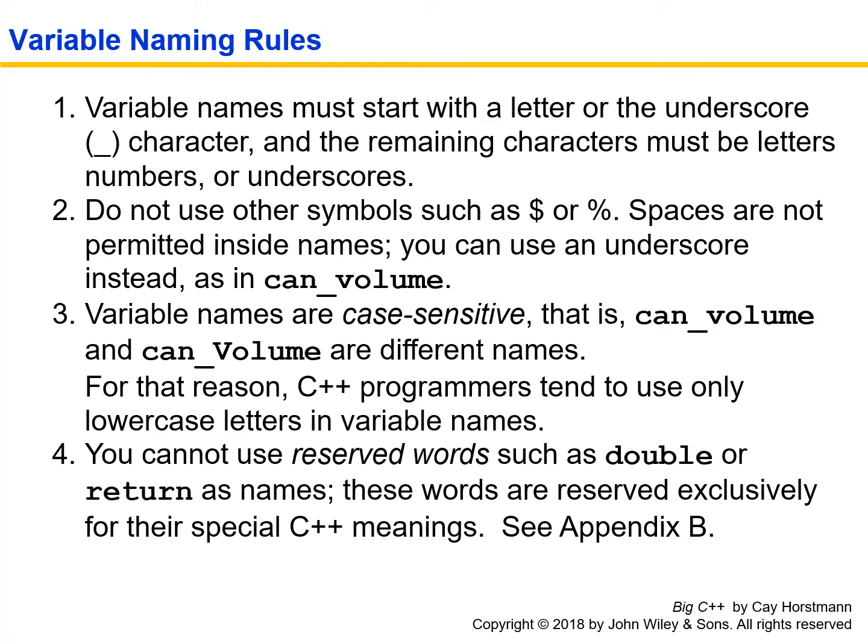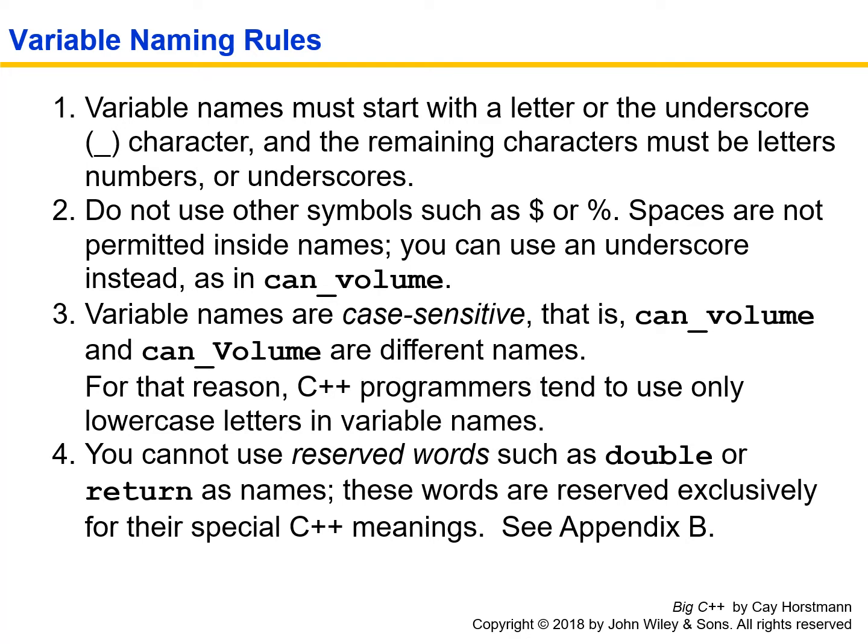Okay, rules for variable names. They must start with a letter. They may start with the underscore character, but most people, by convention, do not do that, except in very specific cases that we're not going to get into in this class. The remaining characters must be letters, numbers, or again, the underscore character.